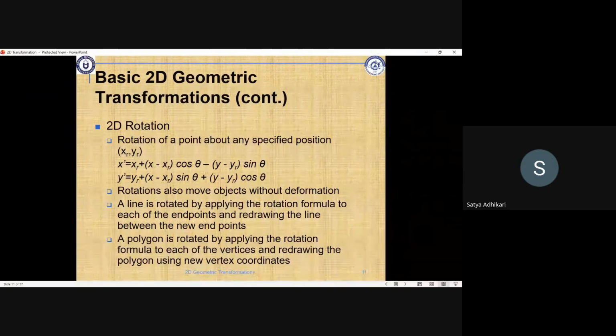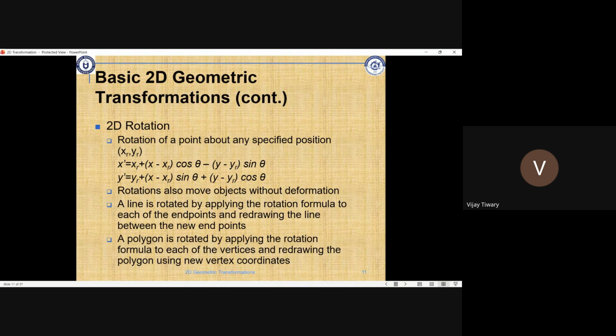So in this formula, R stands for rotation, is it? Yes. xr, yr is a specified position, about any specified position. Suppose in the previous class we rotated with respect to the origin, the pivot. But here we have to rotate about any other position, a point other than the origin.